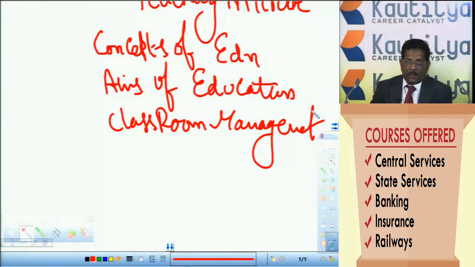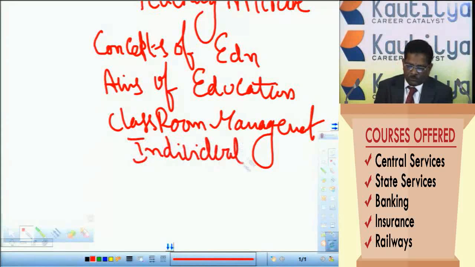Let us see. In classroom management, first of all, the teacher must understand the psychology of the classroom. All students cannot carry the same type of attitude. So the teacher must have awareness to understand the different students' attitudes according to their individual differences.